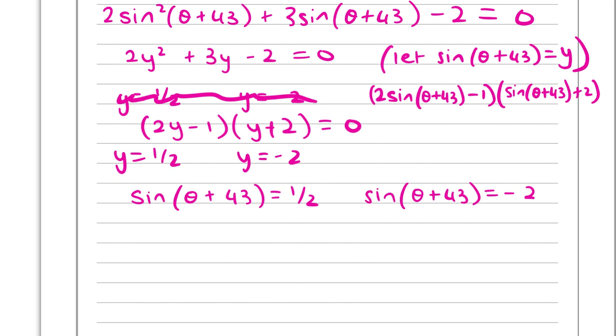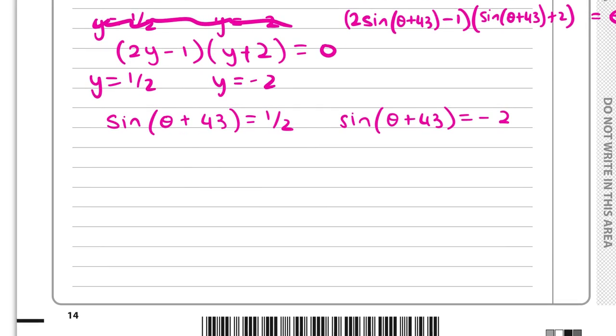Well, there will be an error for the second one. Inverse sine of a half is 30 degrees. Have you got your calculator in degrees?